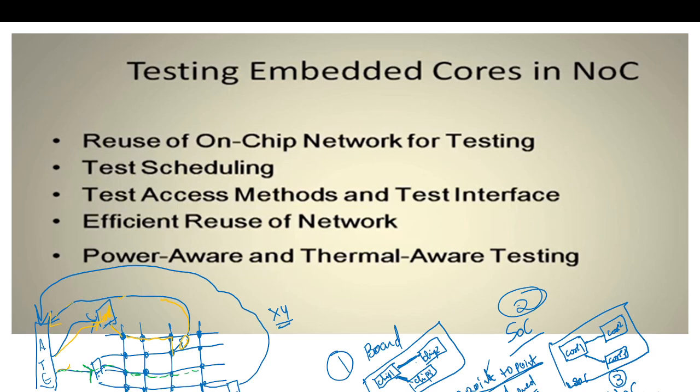So like X, Y, I come to this and it is back to the ATE. You can see the green line and the yellow line have different paths for applying the test pattern and getting back the test responses to the ATE. So these two can be tested in parallel if the ATE has two channels.